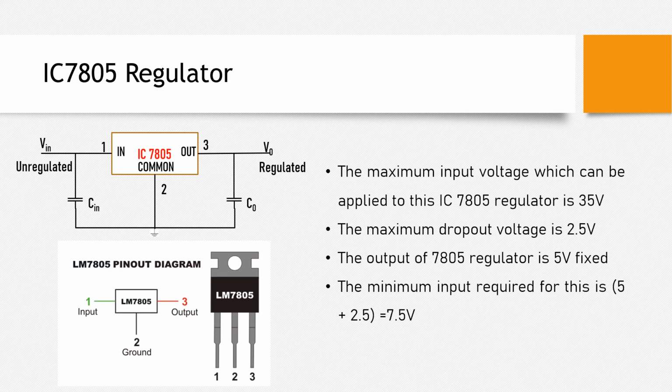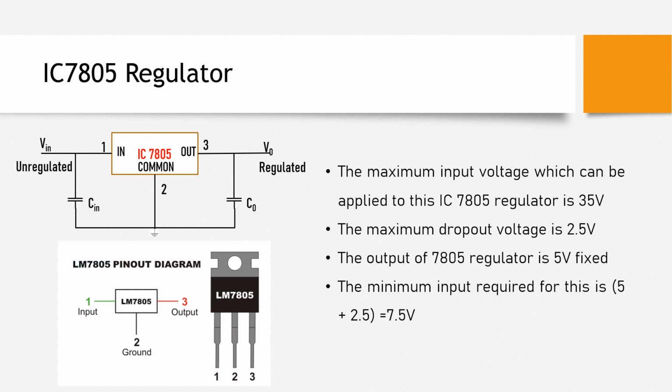So a minimum of 7.5 volt has to be given to this IC to give its proper 5 volt at the output. If the input voltage is lesser than this, then the appropriate output is not achieved. This is for a positive fixed voltage regulator.